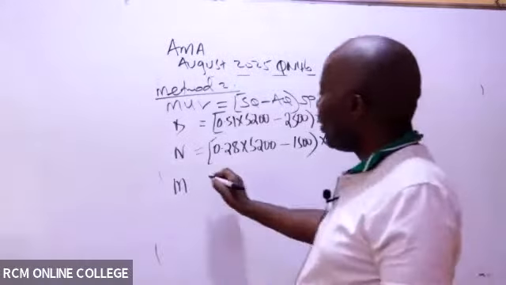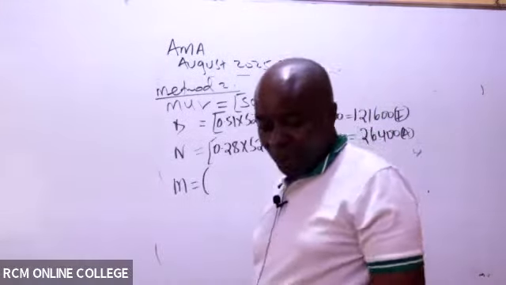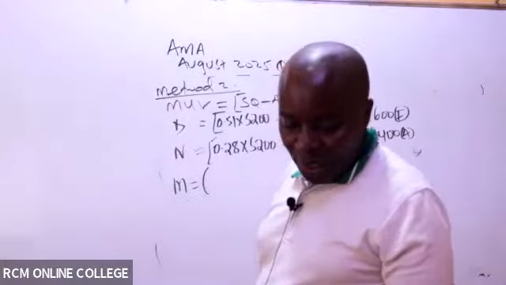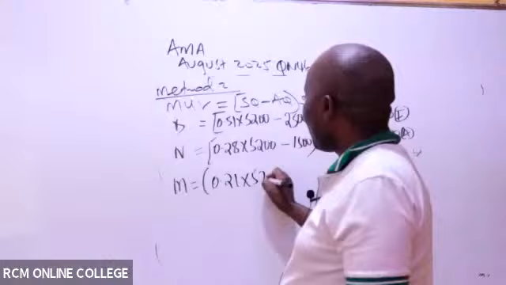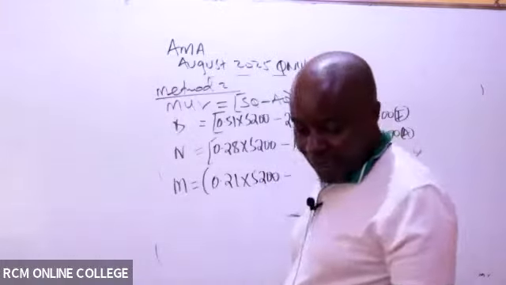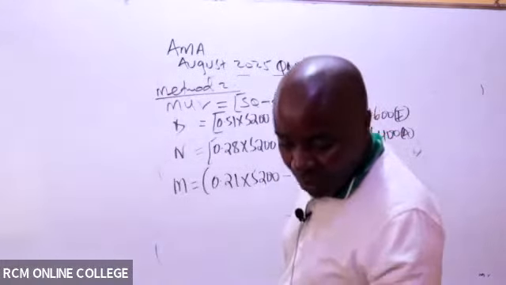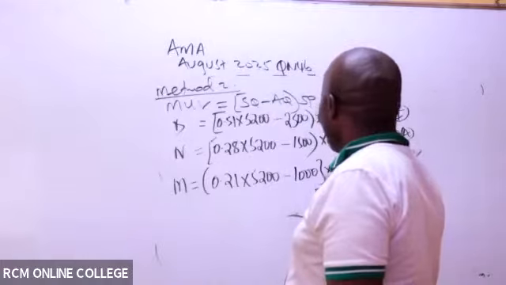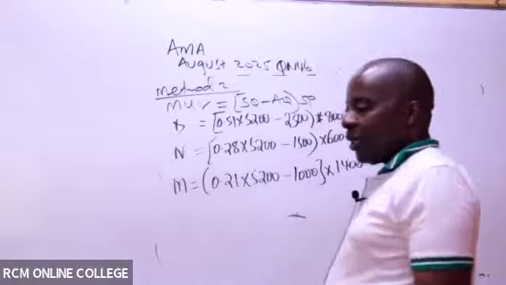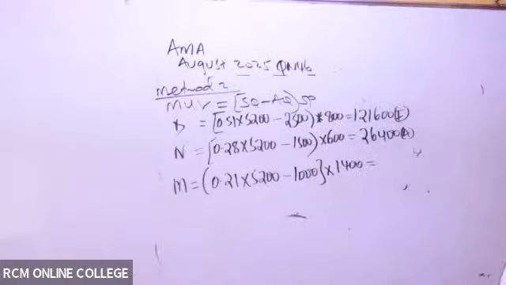And then M, ladies and gentlemen, what am I able to see for M? For M, we have 0.21 times 5,200 minus the actual usage there, which was 1,000 kilograms of M, times 1,400, because the rate there is 1,400 per kilogram.